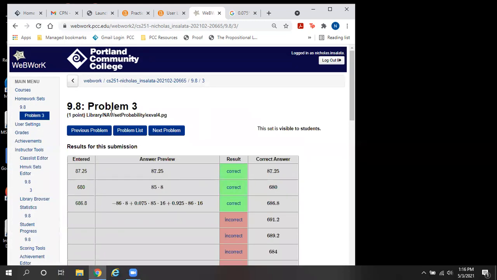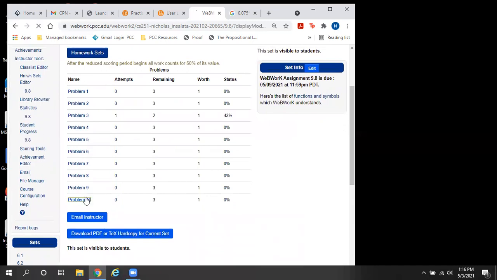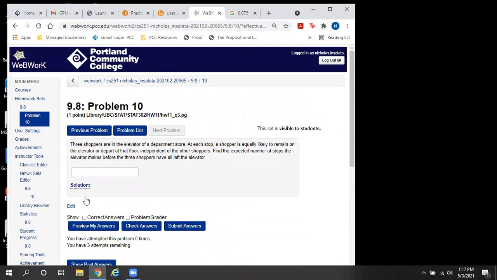So let's check out number 10 here. Sorry, my dog just got home. Oh, and this is the elevator question. Okay. So let's actually hold off on this one till we get a little bit more experience with the expected value idea.